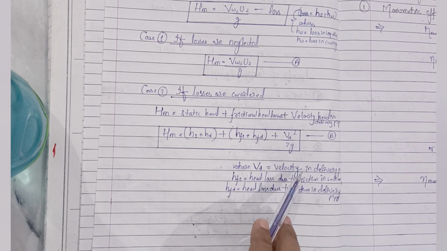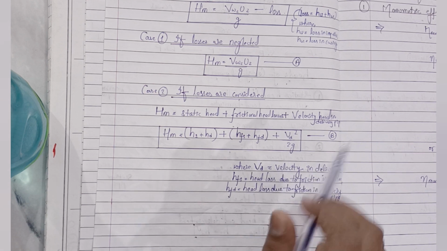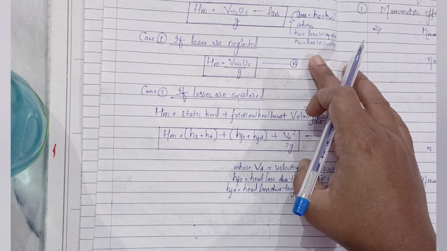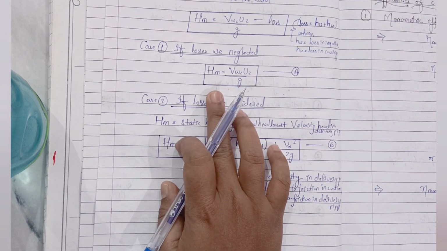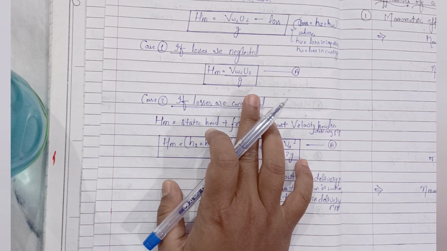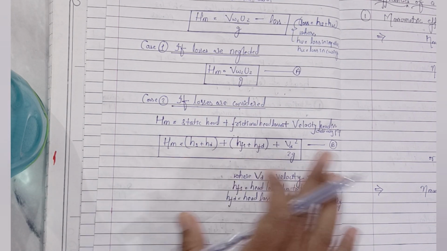So Vd is your velocity in the delivery pipe, Vd square upon 2g will be your velocity head in the delivery pipe. So these are the two cases for the manometric head. When losses are neglected, your manometric head will be equal to the head imparted by the impeller to the water, and if losses are considered, then the manometric head will be this.